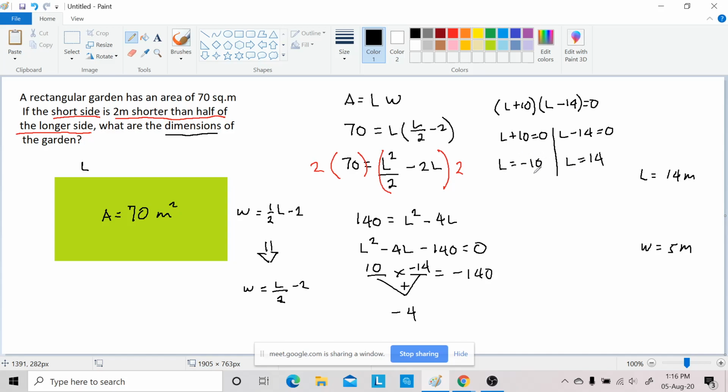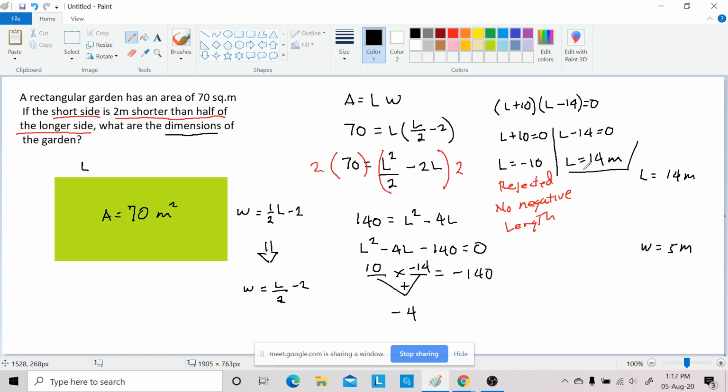Negative 10 or 14? 14. Okay, same reason as before, we reject this one since there is no negative length. So we accept this one, that's 14 meters.